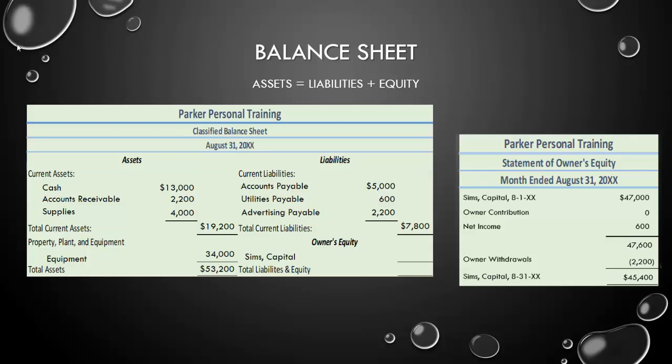Mr. Sims' capital as of August 31st, 20XX was $45,400. And when we add that to the $7,800 in liabilities, we also get $53,200, which we should, because assets should always equal liabilities plus equity. The total on the left-hand side of this classified balance sheet should always be equal to the total on the right-hand side. Two numbers always have to be equal.